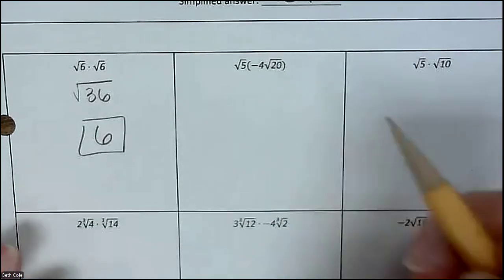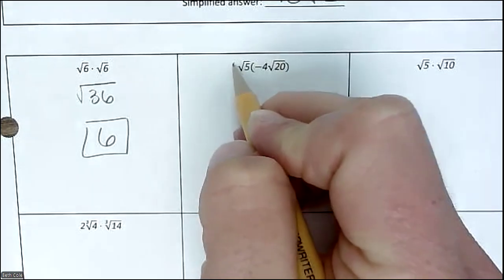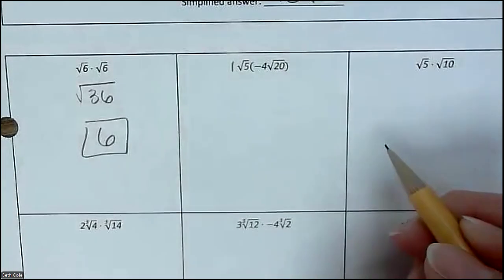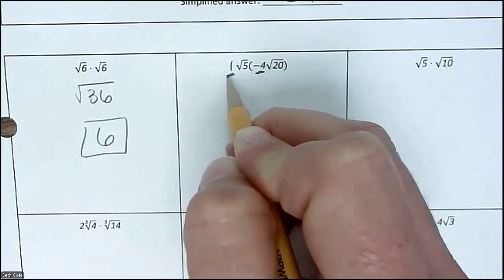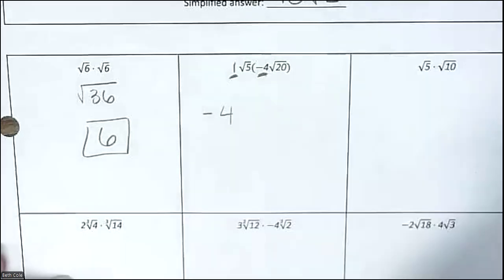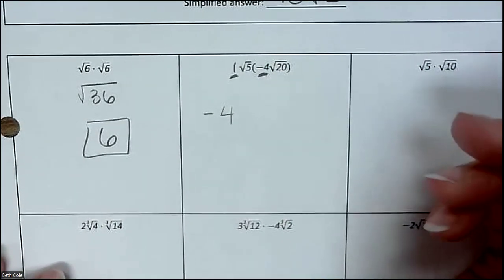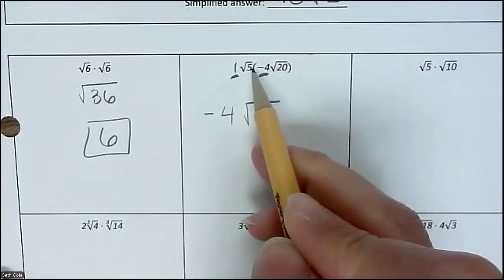Okay. Now for this one, what is really in front of this square root of 5? It's really a 1. So when you multiply your coefficients, it's 1 times -4. Which is good, just going to be -4. You're just multiplying those together. So draw your root symbol, and then you're going to multiply the ones underneath.